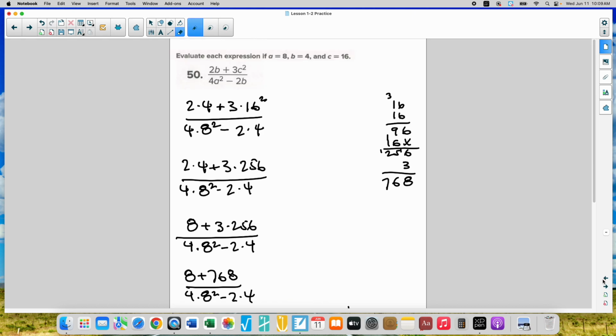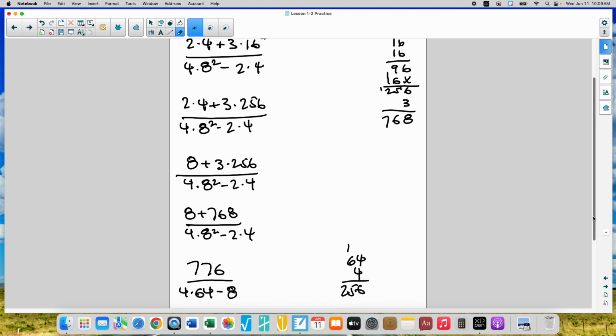Let's go back to that. Did I do this correctly? That's minus. Yeah, that's good. A is 8. 2B plus 3C times 3 plus 8. 8 and 8 is 16.